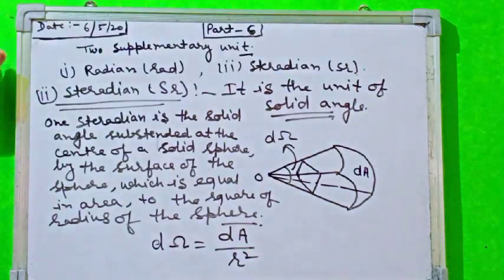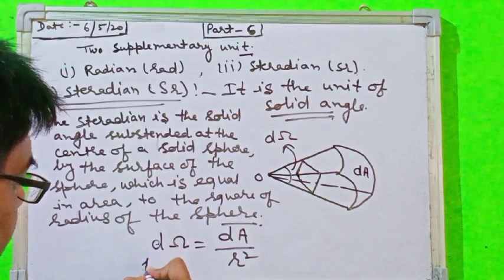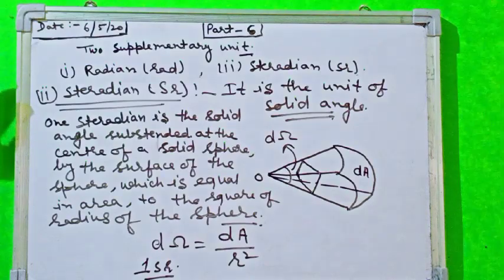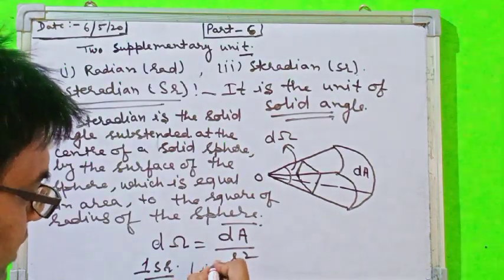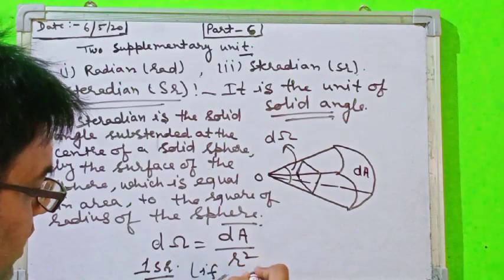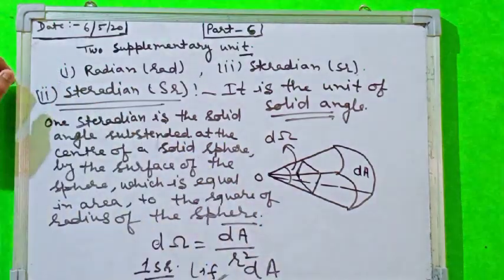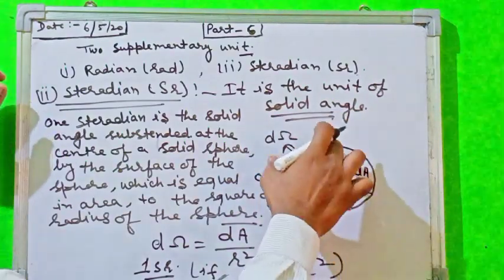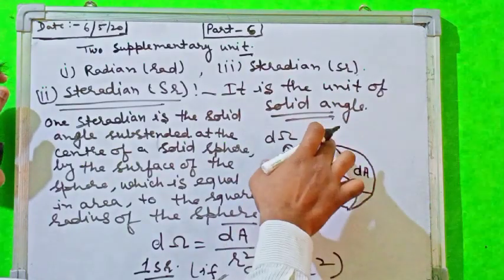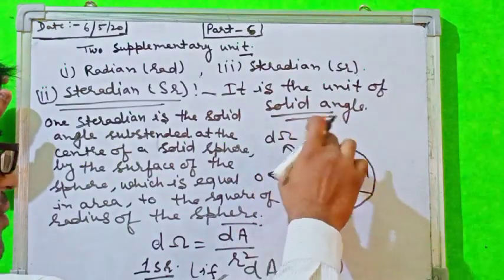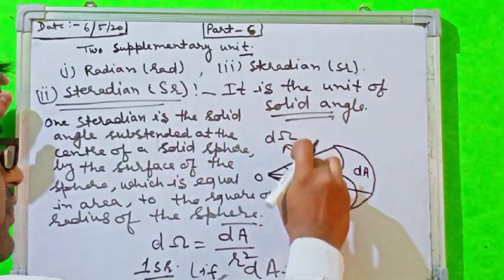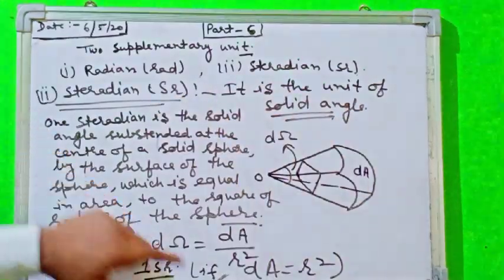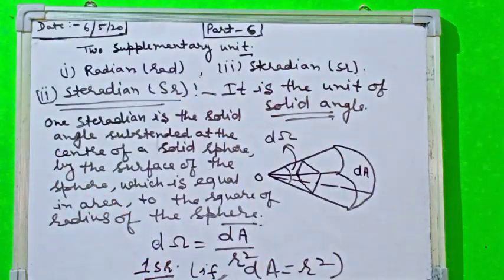If the area dA of this surface is equal to the square formed by the radius drawn from the center, then this is called 1 steradian.